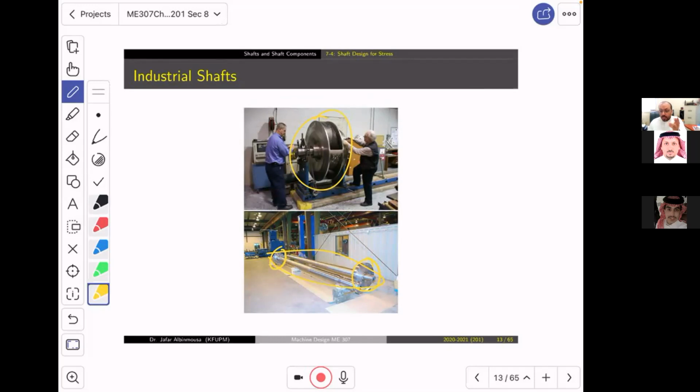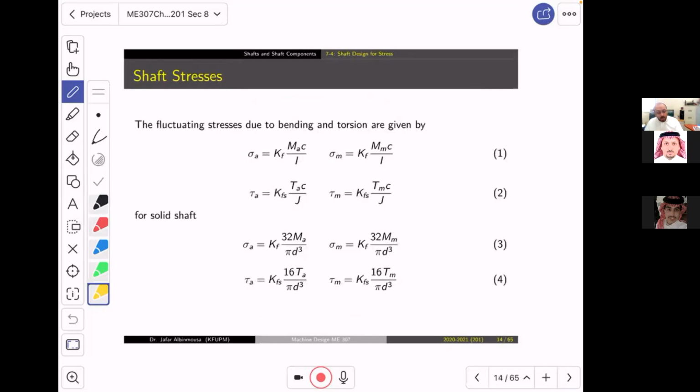Now, if you remember, when we talked about bending and torsion and shear force and axial, I told you that we will end up one day saying that we don't need to deal with shear force V, VQ/It.